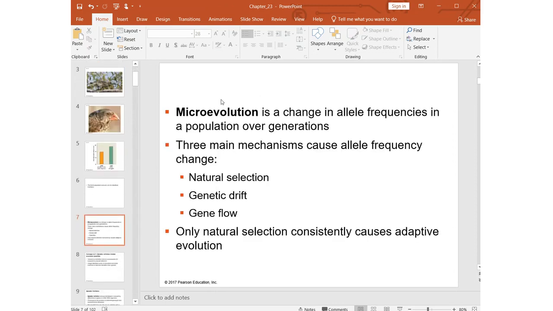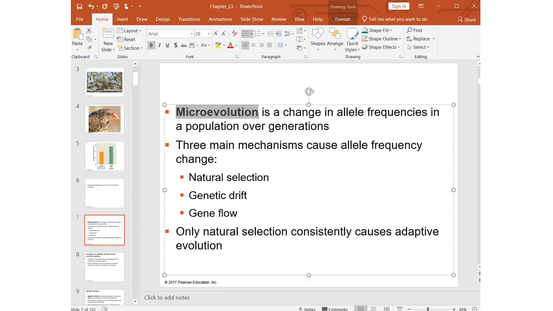Now we're going to define something else, microevolution. Microevolution, in other words, is evolution on a micro scale. Evolution is just a change in allele frequencies in a population over generations. They don't go into macroevolution here, but if there's microevolution, then there's probably macroevolution, right?